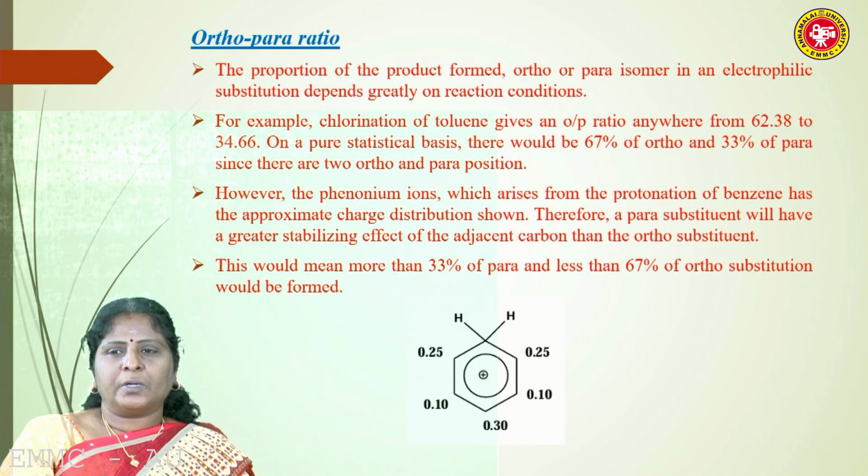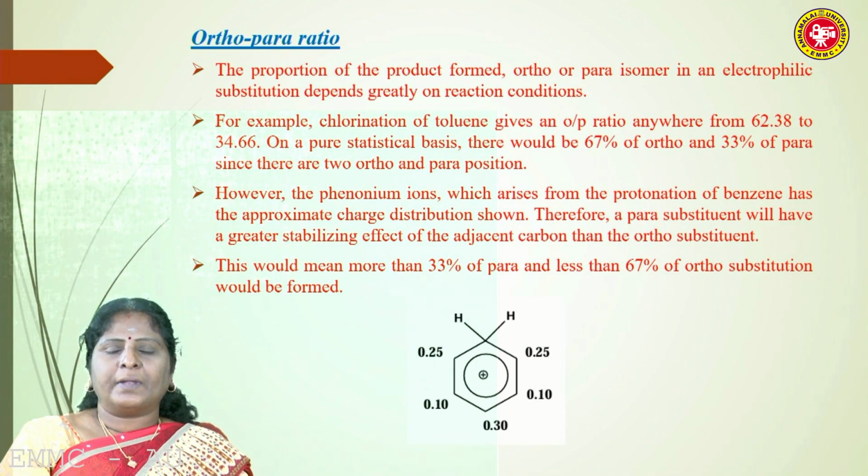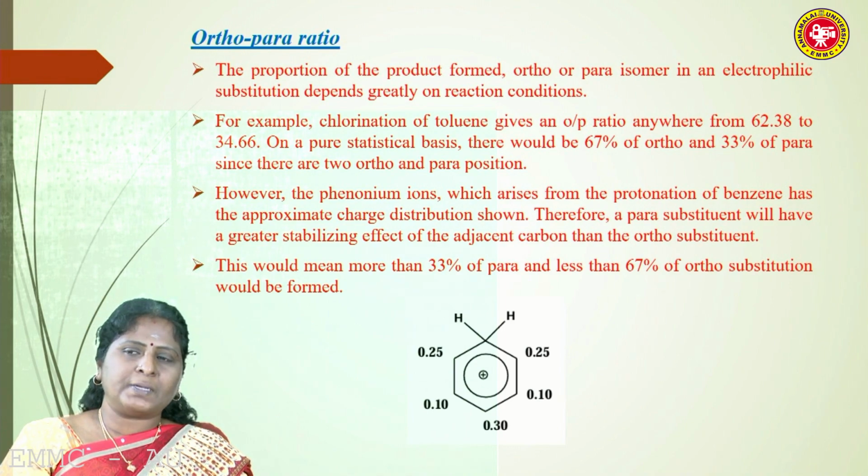Ortho-para ratio: the proportion of the product formed as ortho or para isomer in an electrophilic substitution depends greatly on the reaction conditions. For example, chlorination of toluene gives an ortho-para ratio anywhere from 62.38 to 34.66.